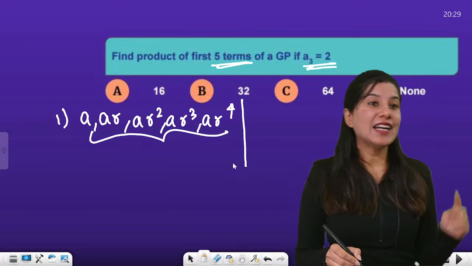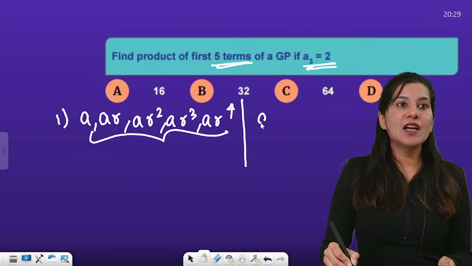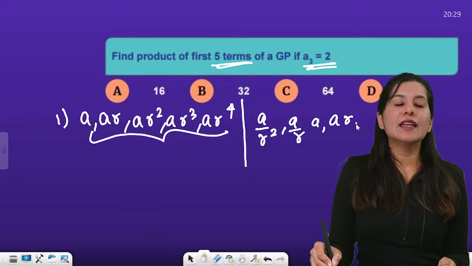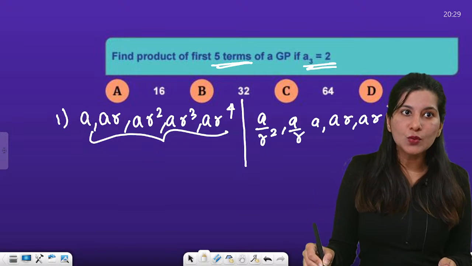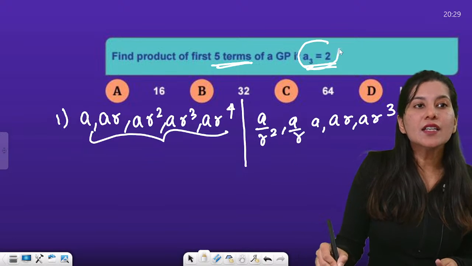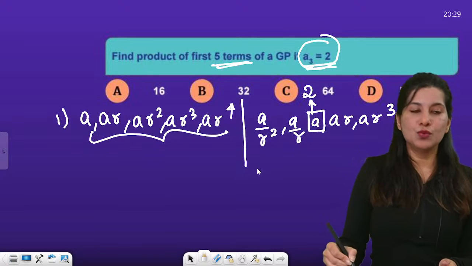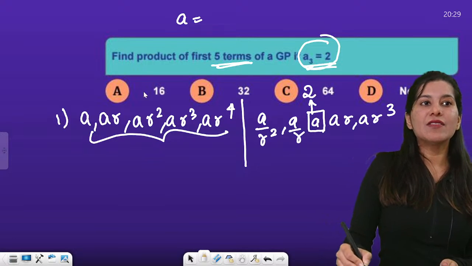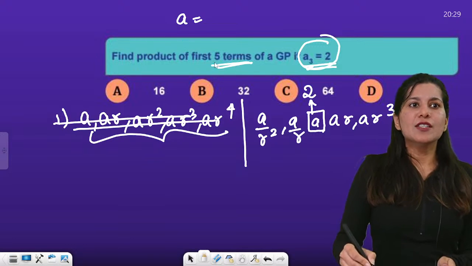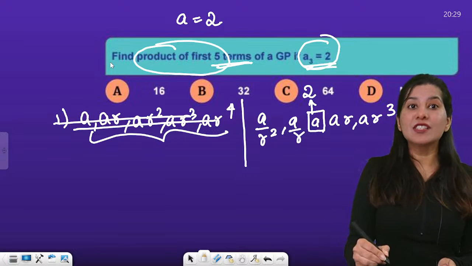We know that whenever 5 terms of a GP are given, they are A by R square, A by R, A, AR, AR square. The third term of that GP, that means A, is given as 2, right? The traditional method can actually be done, but we are not going to follow it. So the value of A is given as 2 and we are looking for the product of the first 5 terms.